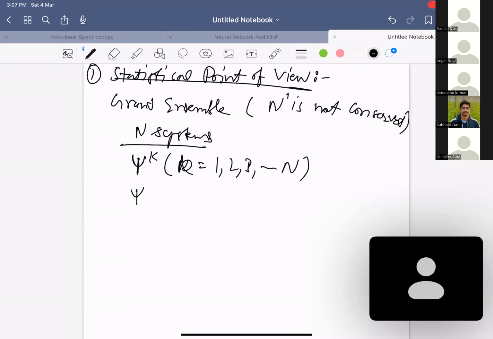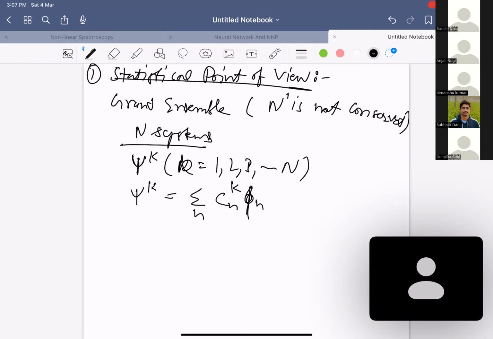So psi k is their wave function where k varies from 1 to n, and we can write this psi k in an orthonormal set as a combination, where cn is the coefficient and phi n is the state.